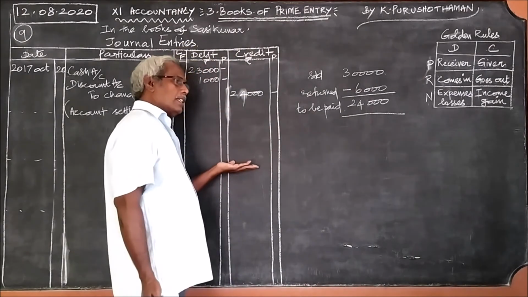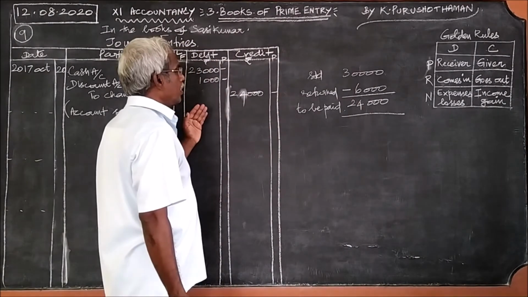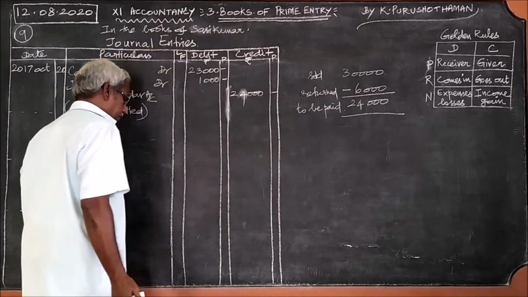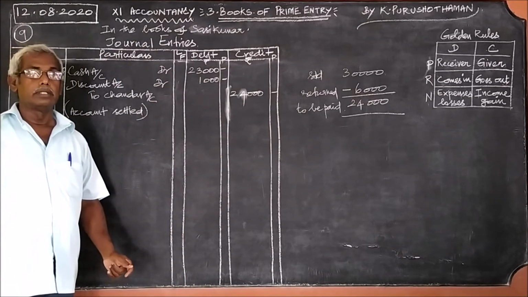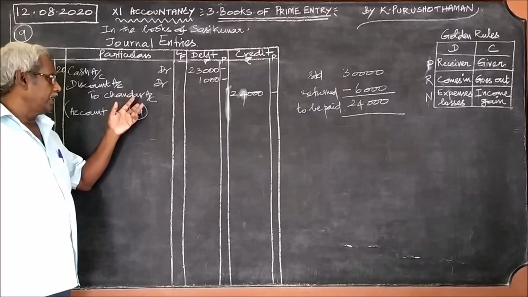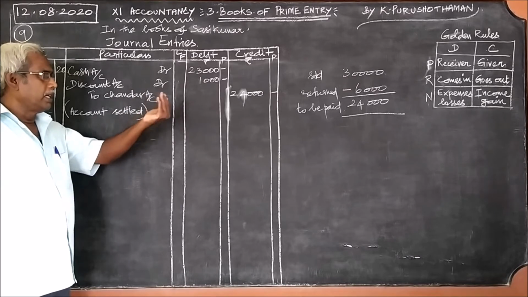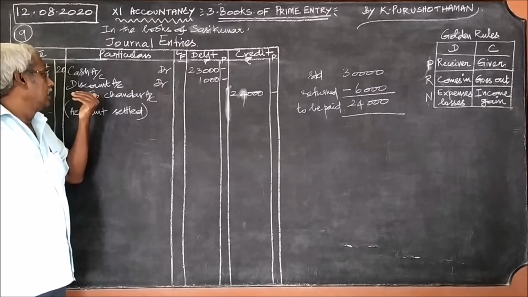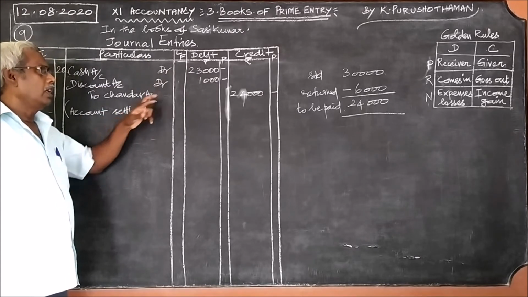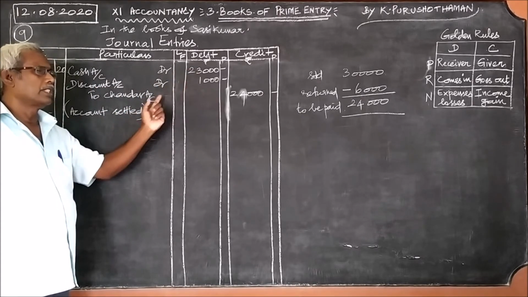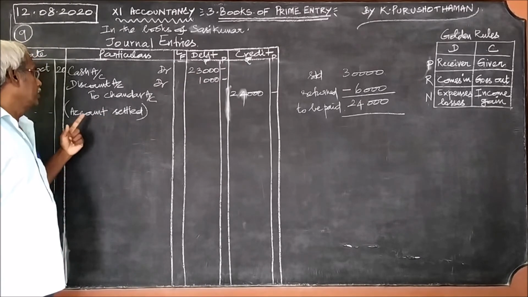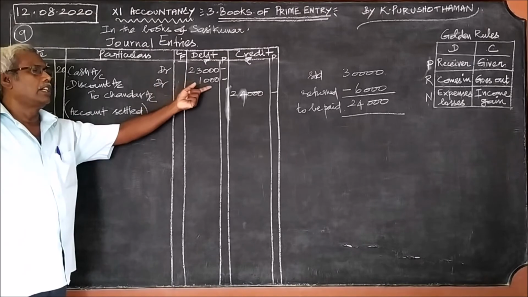But he pays simply 23,000 and says the account is settled. So in the name of Chandar it is 24,000. But how much has come in? Cash 23,000 has come in. So what about the difference of 1,000 rupees? It is presumed to be discount. So discount account debit 1,000.